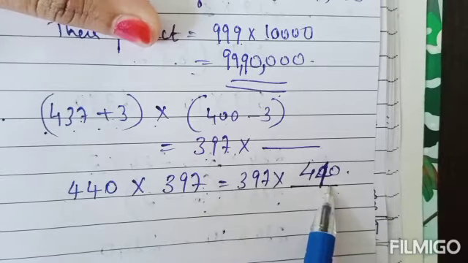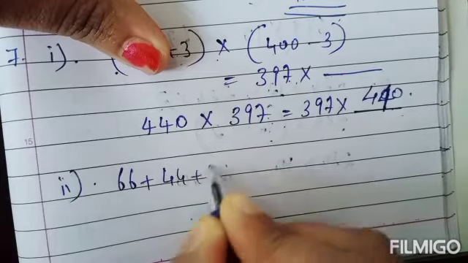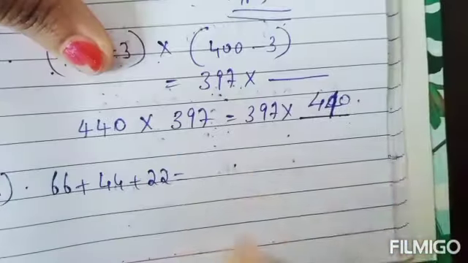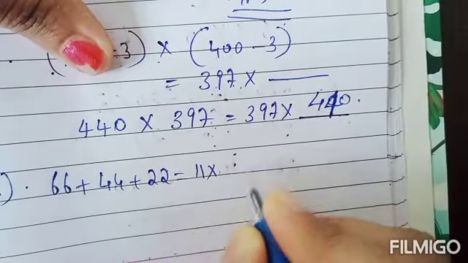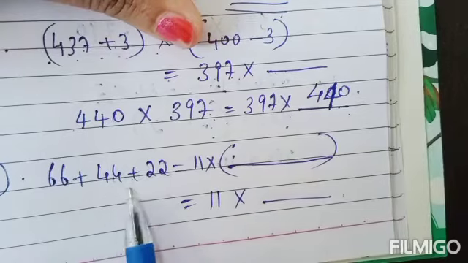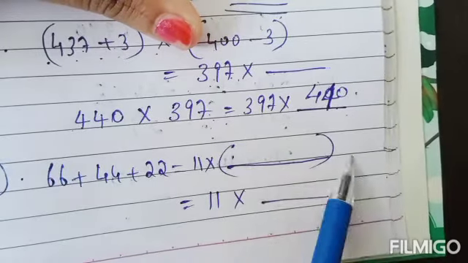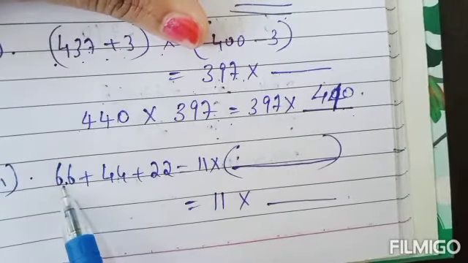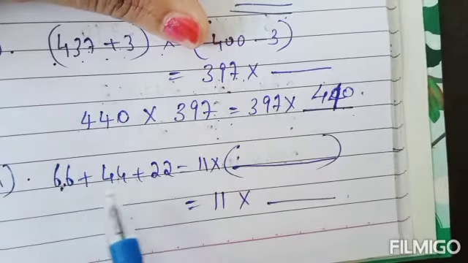Now in the second one, 66 plus 44 plus 22 equals 11 into dash, where the dash is inside a bracket. Here you can see 66, 44, 22.